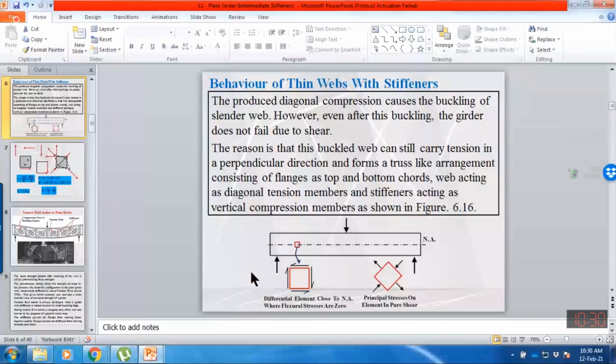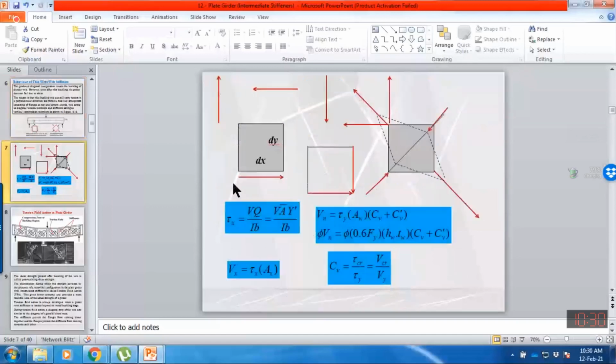And this side is also continuous, this side is also continuous, because we have cut this material. So at the bottom, we can determine the horizontal shear stresses which are acting by this formula.